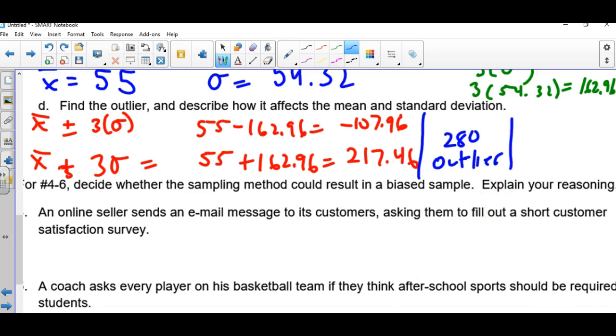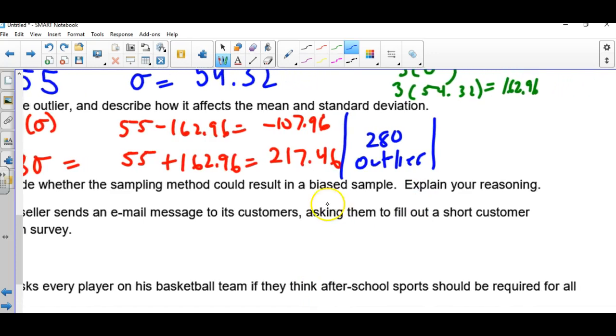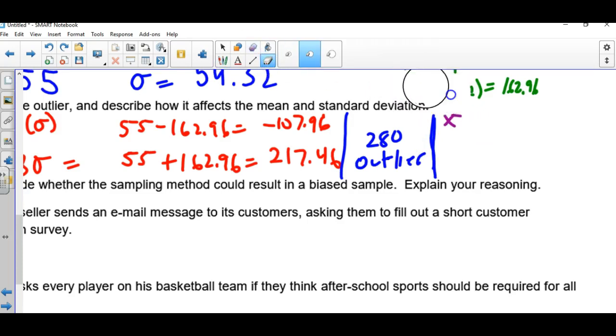So now we've got to answer this last part where it says describe how it affects the mean and the standard deviation. Guys, all you got to do is this. To describe it, I remember the original. We're going to label this with the outlier and without the outlier.